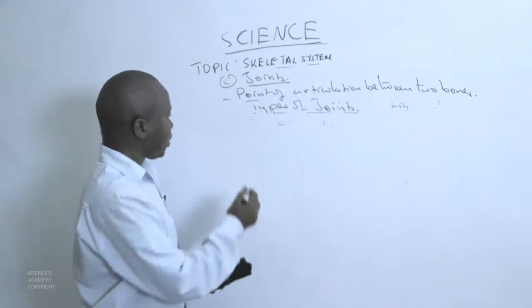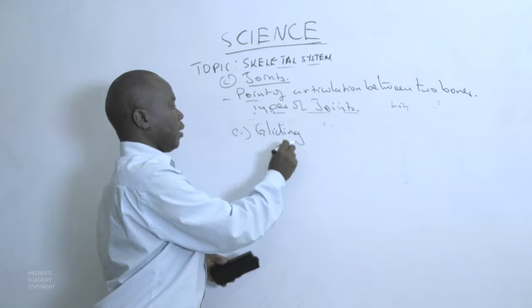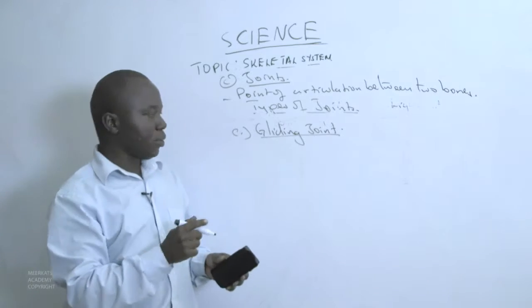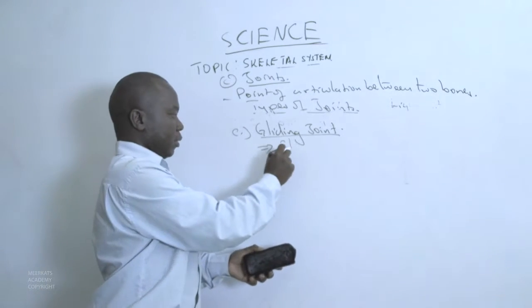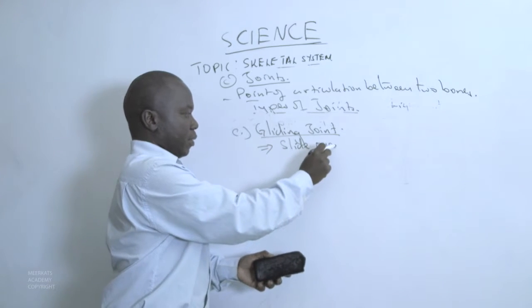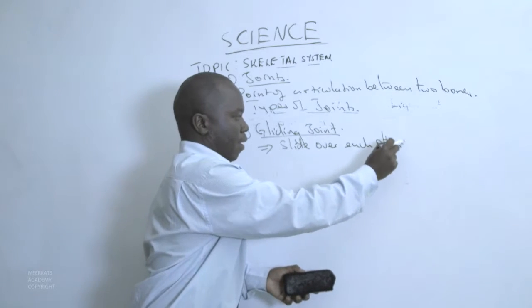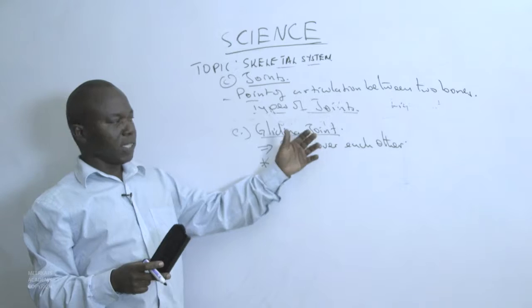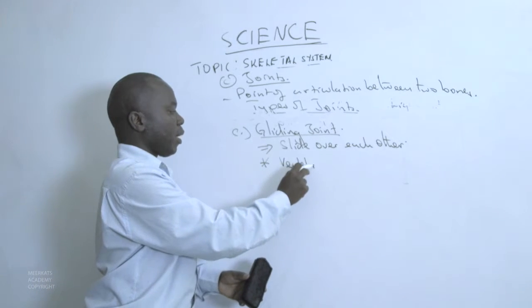Another type of joint is called gliding. Gliding joint means the bones slide over each other. We can get several examples from the body, between vertebrae.